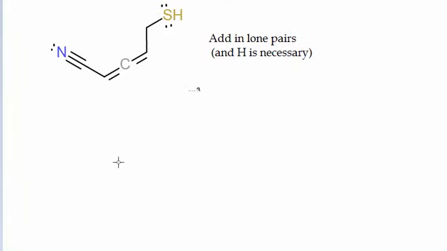Okay, so what do we mean by terminal? Well, it means that it is at the end of the molecule and it is only bonded to one other atom. So this nitrogen is only bonded to another carbon, so we're going to say this nitrogen is at the end of our molecule. What that tells us is that by our criteria, this nitrogen is going to be unhybridized. Then we go along to the next atom, which is over here.